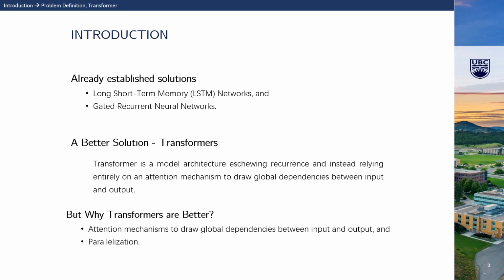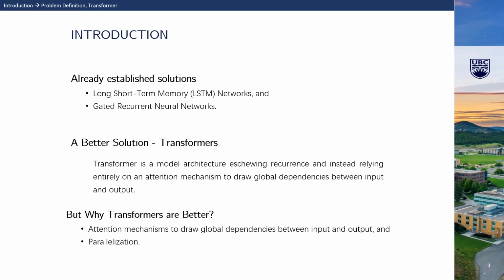In this paper, authors proposed the transformer. This is a model architecture based solely on the attention mechanisms. It is different from previous approaches as it entirely gets rid of the recurrence and convolutions. This model allows for significantly more parallelization and can reach a new state of the art in quality with fewer resources.